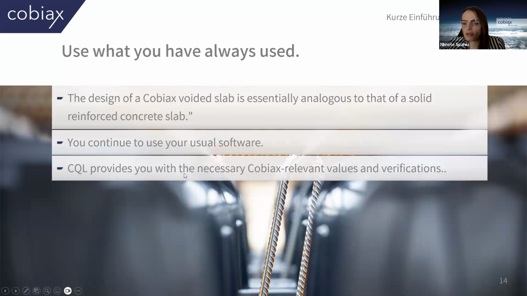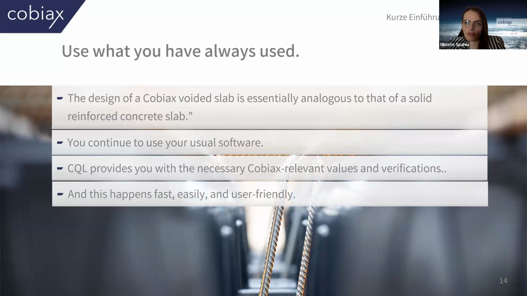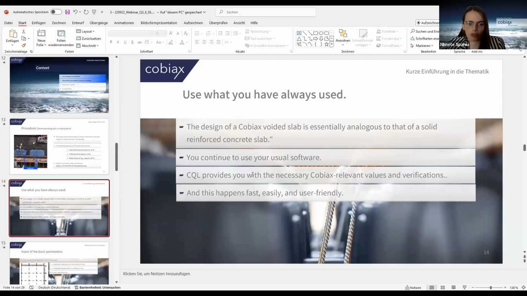We have a very important tool on our website, and this tool will provide all the necessary information that they have to change in their software so they can calculate a Cobiax slab. And this tool is very fast. Just in 2 minutes, I will explain it to you.